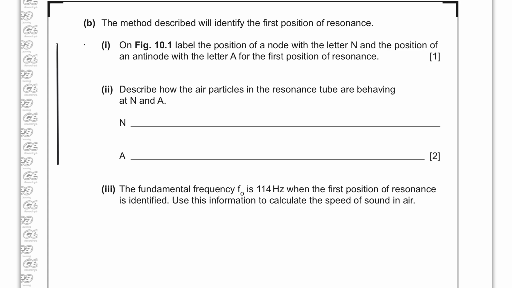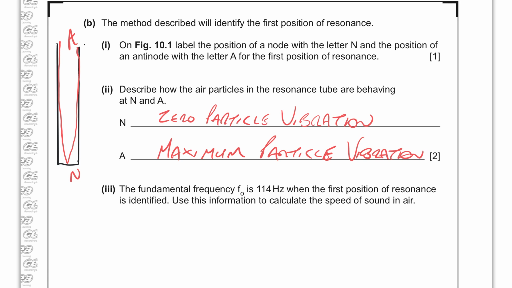So the first position of resonance, we'll start with a node here and reach an antinode up there. Describe how the air particles in the resonance tube are behaving at N and A. So at the node, you've got effectively 0 vibration, and at the antinode you've got maximum vibration. So something along those lines.